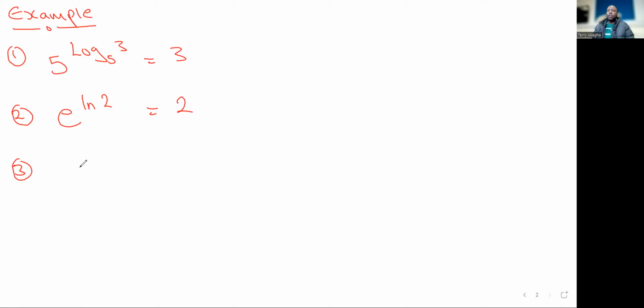Number 3, let's say we have 10 to the power log of 12 to base 10. This is going to give you 12, and that is how you apply this. So when you have, let's say, ln of something is equal to something, and you want to get rid of the ln, you take the exponent of both sides.